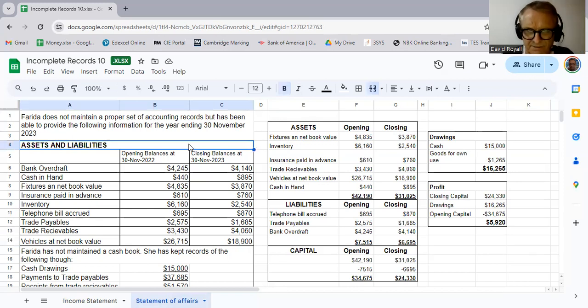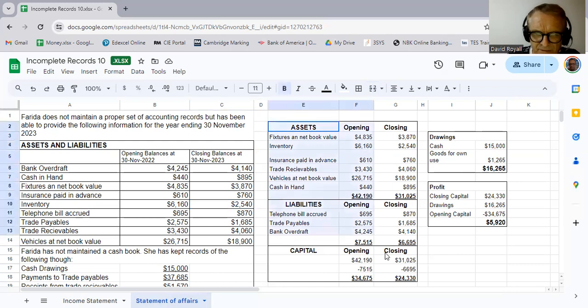We want the assets and the liabilities. So again, take this sheet, play around with the data. I'll adapt it so all this is lifted from the other sheet. So what you change on one will ripple through into the final statement of affairs, which is what this is.